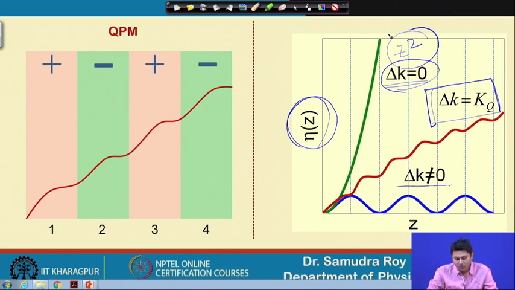So, we will not get this kind of efficiency, or the efficiency may not be a function of z square. We will find in a later class how the realistic calculation gives the efficiency, but today we will learn about quasi phase matching. This kind of efficiency we get when we have a phase matching condition under quasi phase matching.